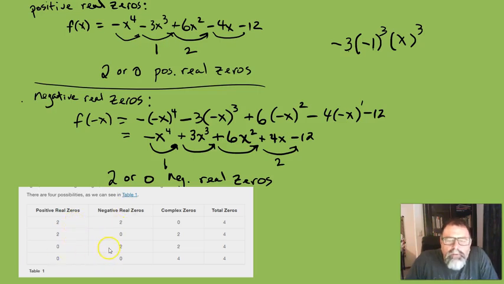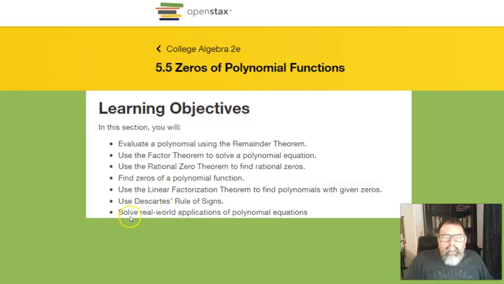So 0, 2, then that leaves you 2 for your total of 4. And then the last combination, you can have 0 positive, 0 negative, then that leaves 4 complex to get the total of 4.